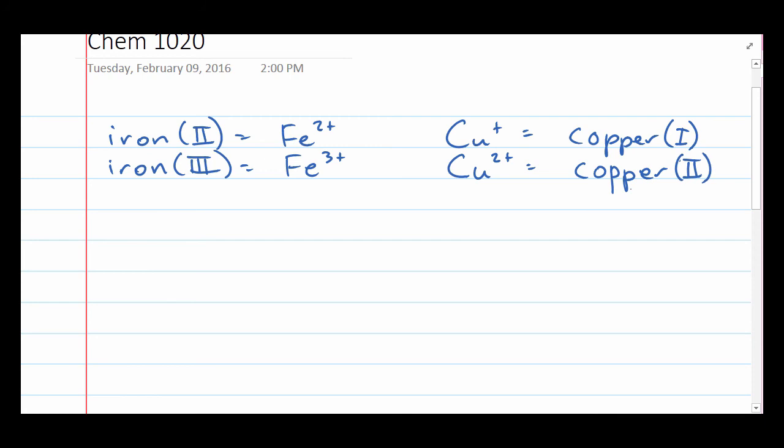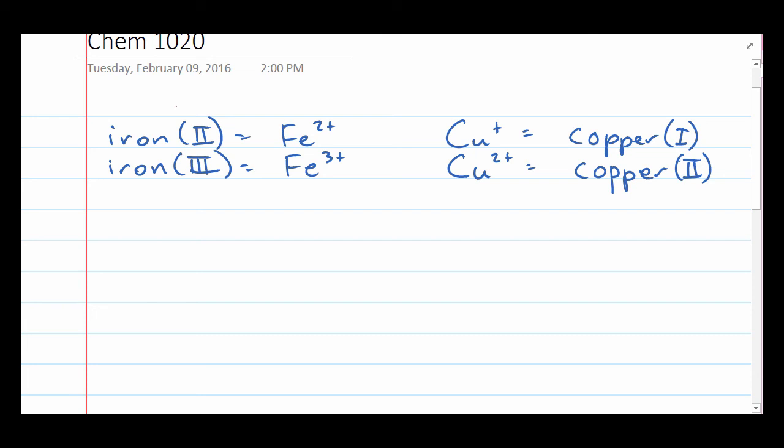So the names we use are iron 2 and iron 3. This would be copper 1 and copper 2. Now there's no need to memorize what these are, because if you look at the Roman numeral, again, that will tell you the charge. Likewise, if you know the charge, that would tell us what the Roman numeral is here on the name. Now this goes back to a problem we used to have with how these things were named.